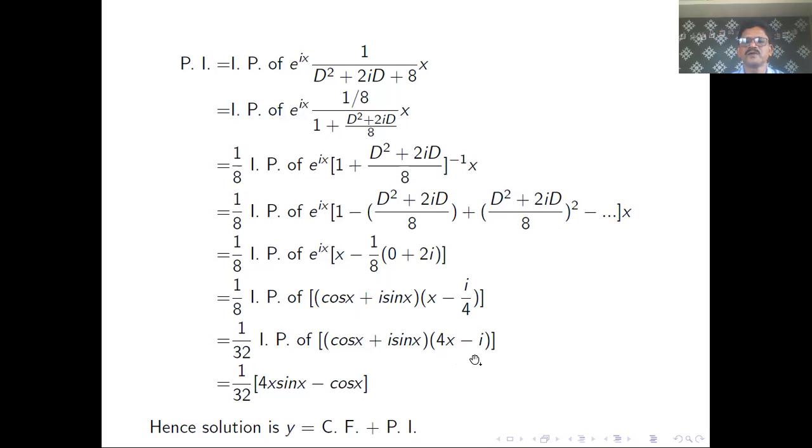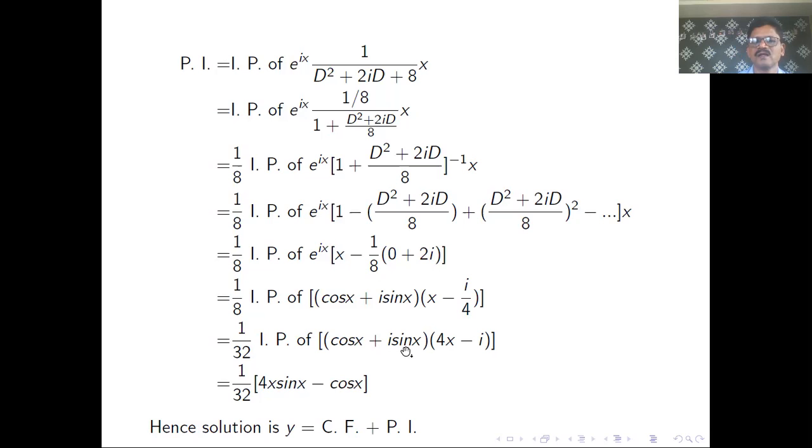And then you take the multiplication, and we want the imaginary part of the product of these two brackets. Means you have to consider only the terms in this product containing i, but don't write i. These terms give what we call the imaginary part of the product of these two brackets. So cos x into 4x does not contain i, so don't consider. Cos x into minus i contains i, so don't write i, only write that function: minus cos x.